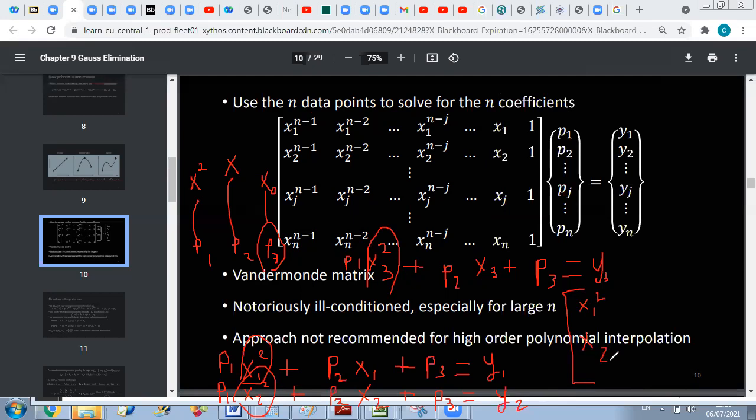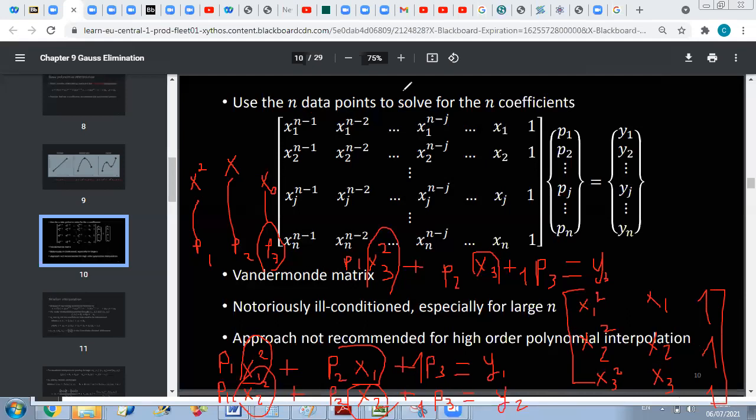Now, for coefficients of P2, I have x1, x2, x3. And always for the final coefficient, which multiplies x to the power 0, they will be 1, 1, 1. So the last column will be 1, 1, 1. Okay.